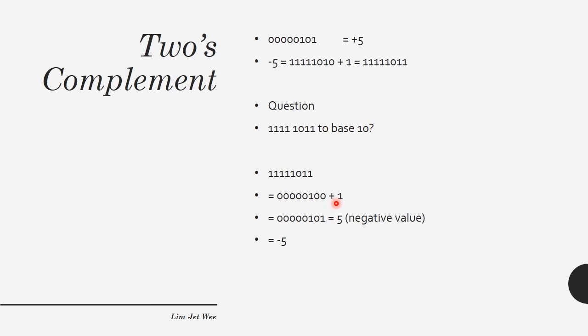When I plus 1, my answer will be 0, 0, 0, 0, 0, 1, 0, 1, which is equal to 5. But I know that this is not a positive 5 because the original first bit is a 1. So this 5 is actually a negative value. So I put negative 5.